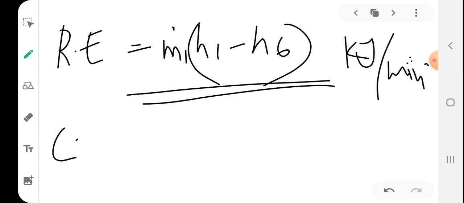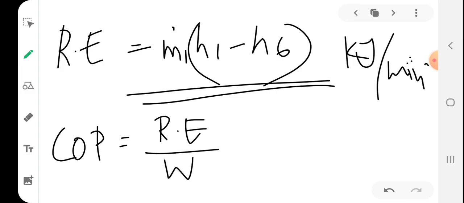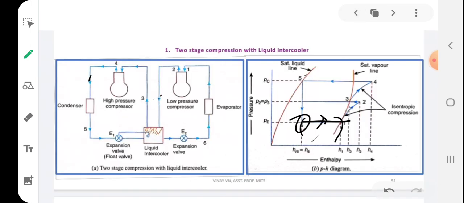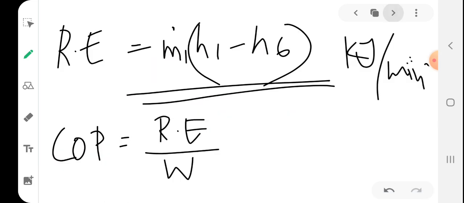If you have to find COP, COP will be refrigerating effect by work, right? Work is taking place in two stages, since we have two compressors.